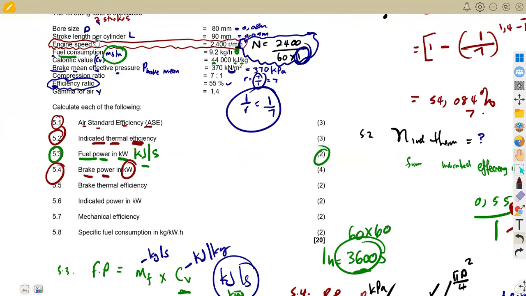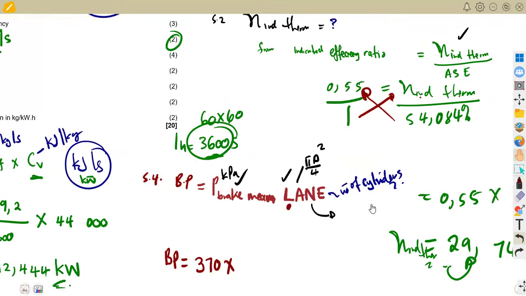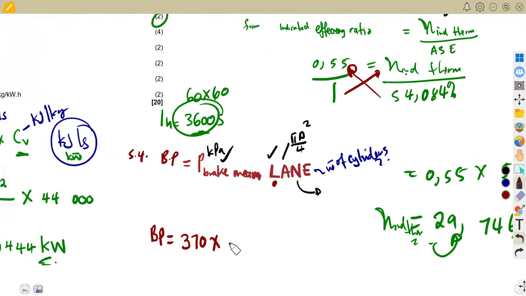Remember, our stroke length per cylinder is 0.08 in meters. So that's 0.08 times the area. Since we are given the bore, the diameter, it will be pi d squared over 4. That will be pi times the diameter squared. Remember, the diameter was 0.08 in meters, over 4.